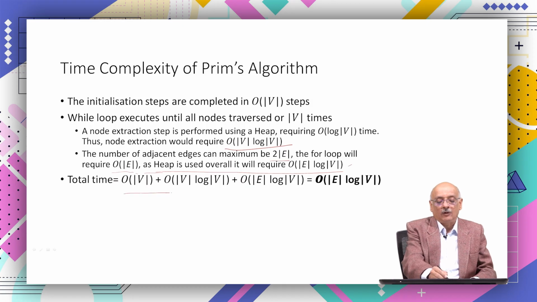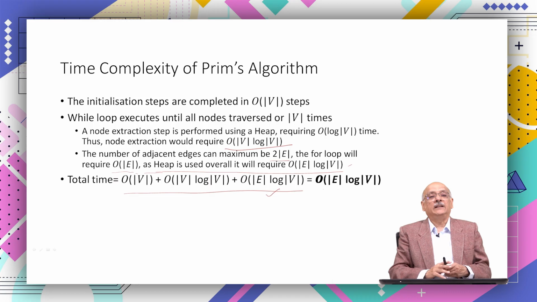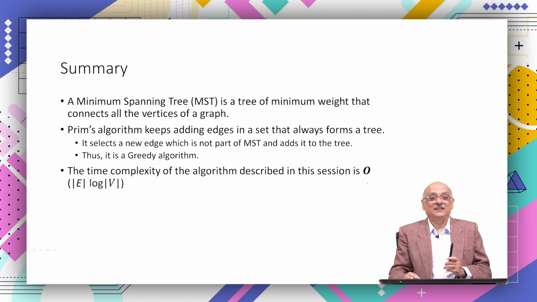When we add all the orders together, this happens to have the highest order. So the order is E log V, which is the same as the complexity for Kruskal's algorithm. So both algorithms, different approaches, however have the same complexity in this particular case.